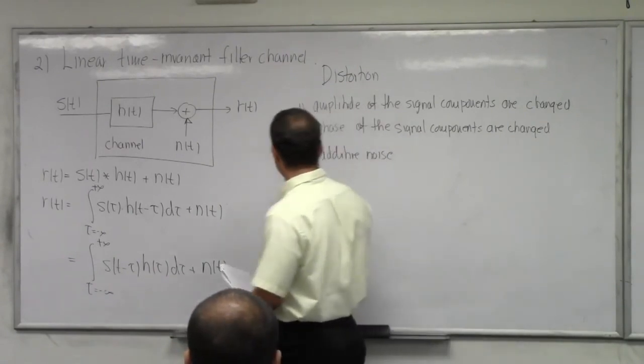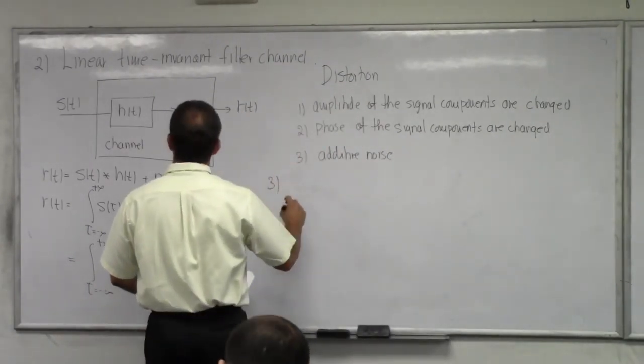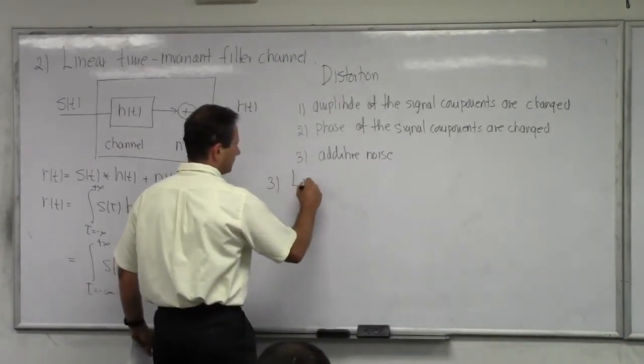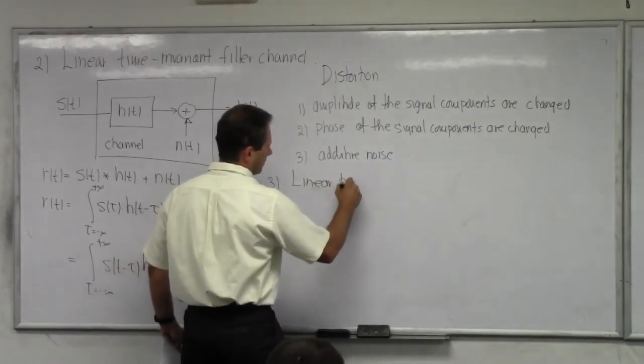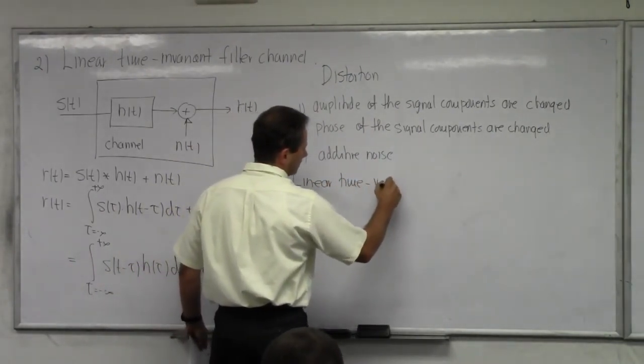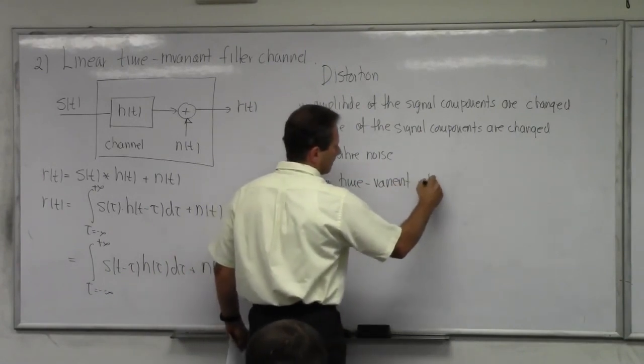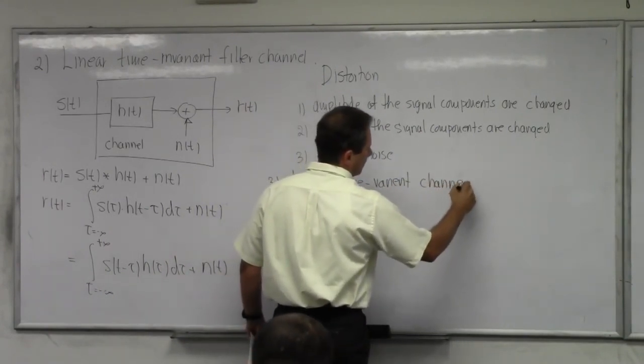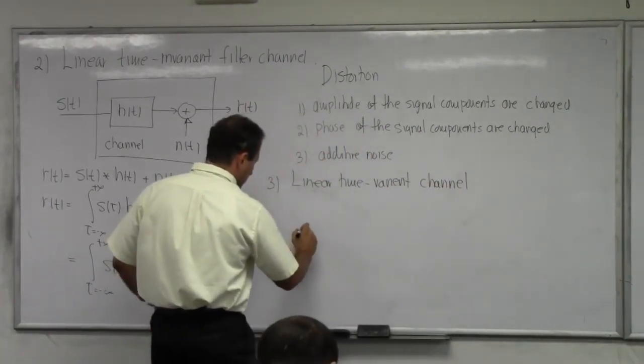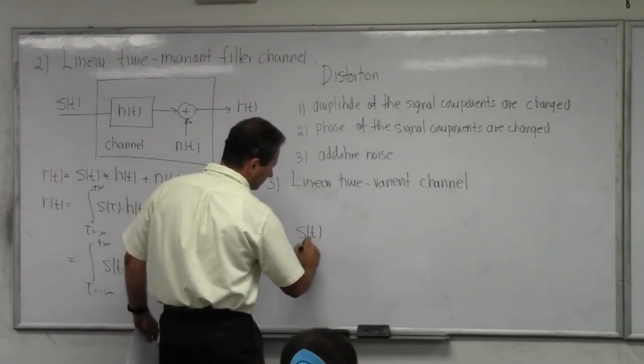The last channel that we're going to talk about is the linear time variant channel. The model for this channel looks like this. This is your input.